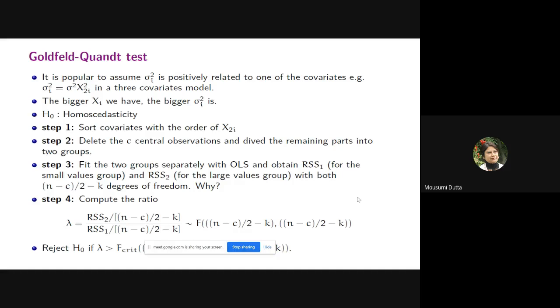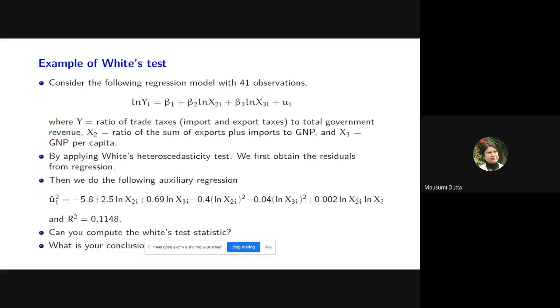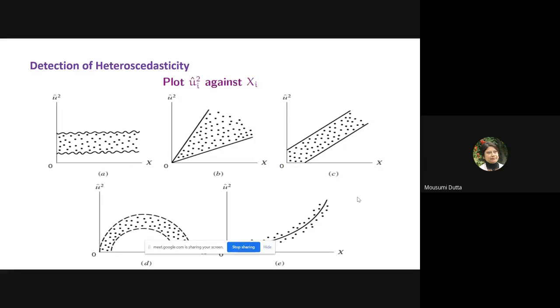And here also we will check if there is any relationship between sigma i square and the explanatory variable. As I mentioned in the last class, starting from the graphical part, we start to check the relation between either RSS and Xi or sigma square and Xi.